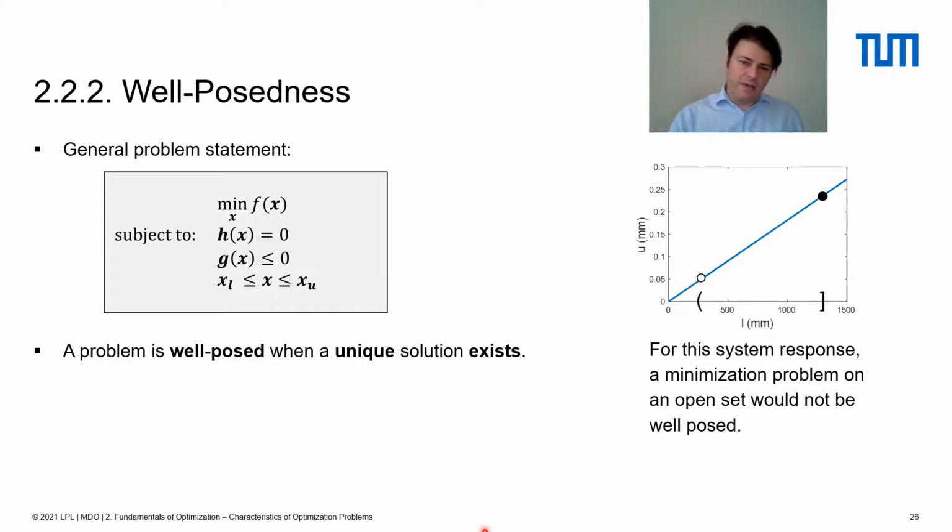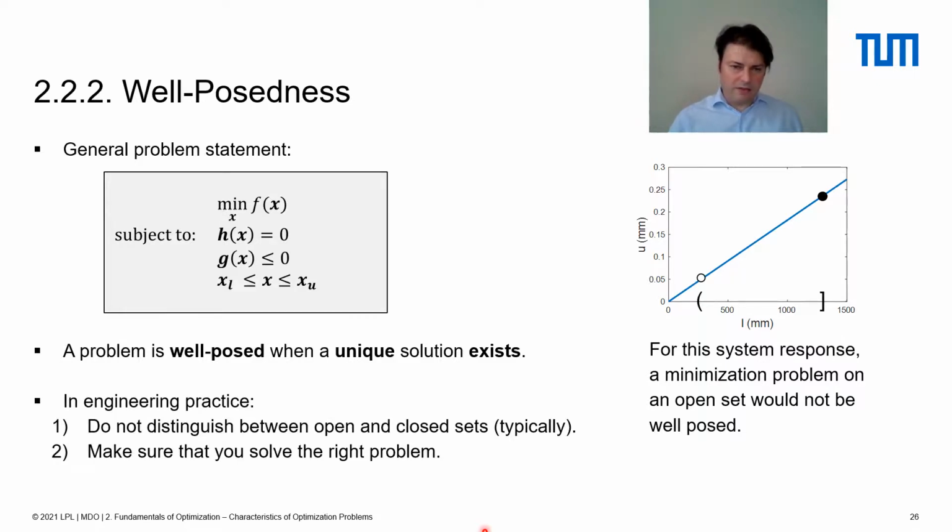This is a little artificial or theoretical example, and thank God that's not really encountered in practical design problems. So typically in engineering practice, you do not distinguish between open and closed sets. Therefore, it is unlikely that you run into this problem.